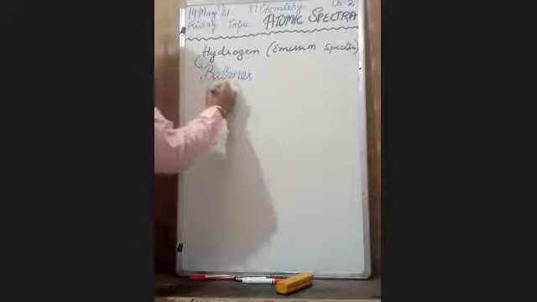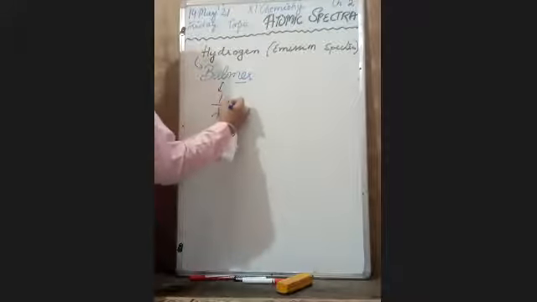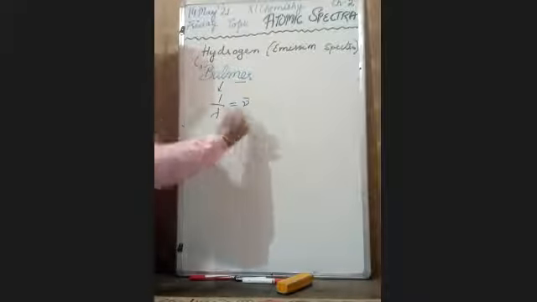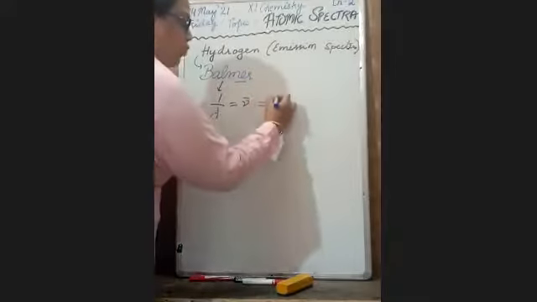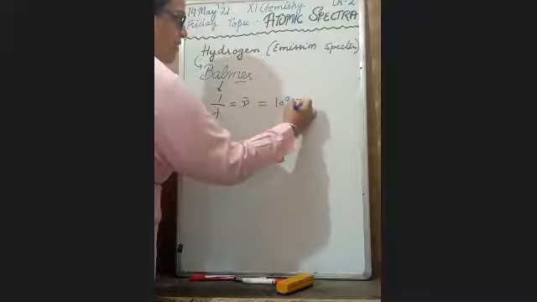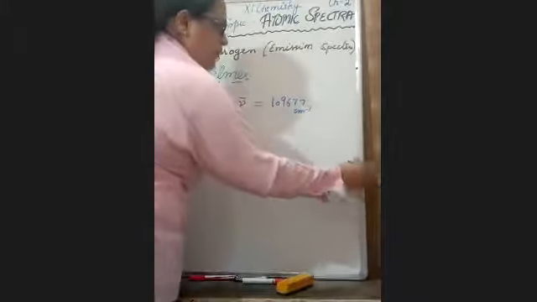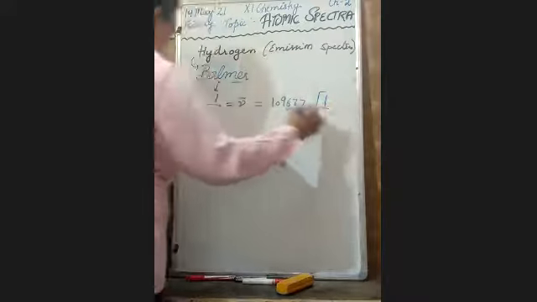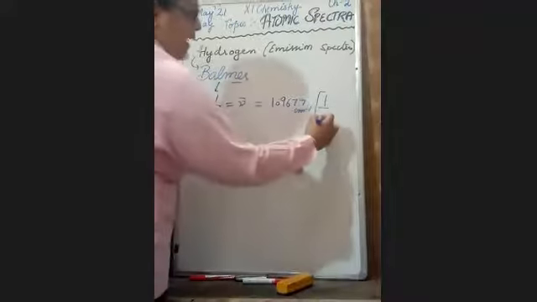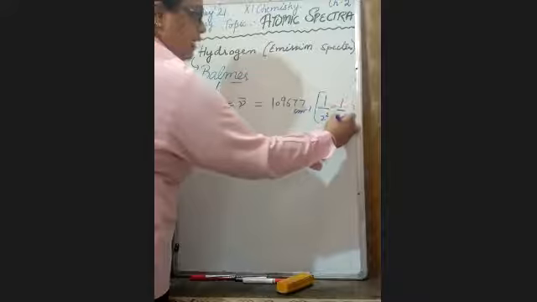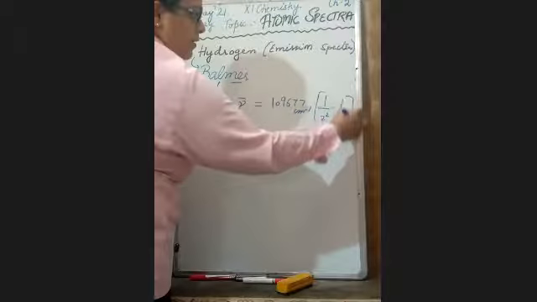Balmer found some of the lines in the hydrogen spectra and gave a simple expression where the wave number is equal to 109677, which is one constant, times 1 over 2 squared minus 1 over n squared.